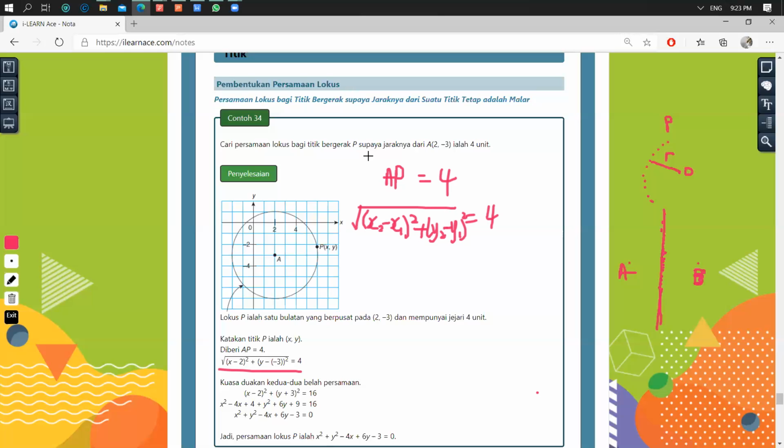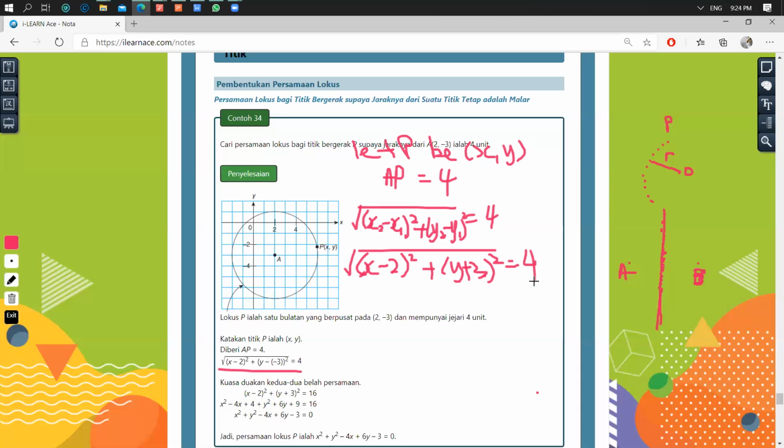Before that, we need to let P be (x, y). So start with the square root of (x minus 2) squared, where 2 is A's x coordinate, plus (y minus -3) squared, so that will be y plus 3, close the square root, then equals 4.